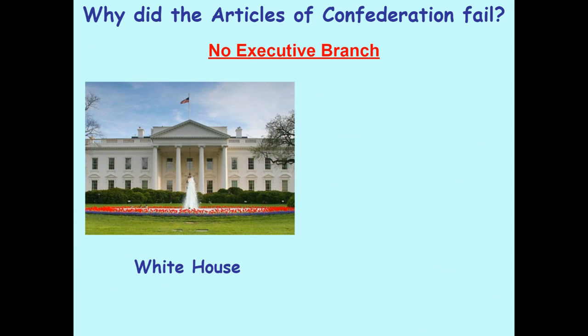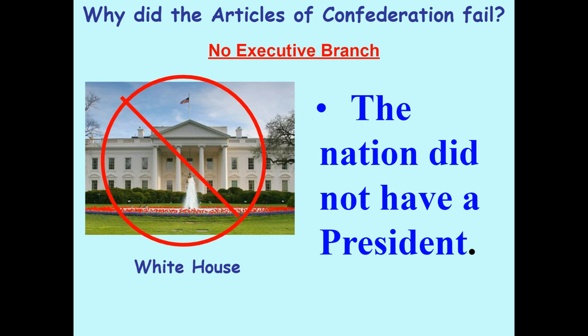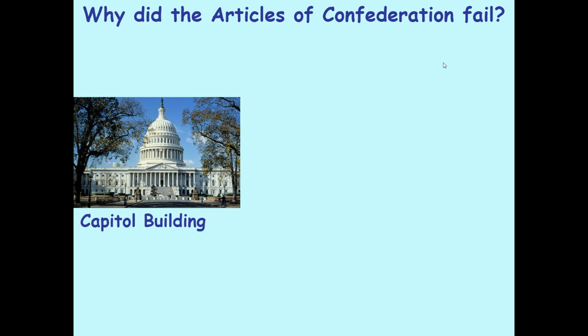Now, the fourth reason why the Articles of Confederation fail is actually a weak government structure. Our executive branch lacked a president. In fact, under the Articles of Confederation, the executive branch served more like a small committee of individuals, of two or more, that kind of oversaw the actions of others. And so we didn't really have any definitive leadership in the sense of a president.